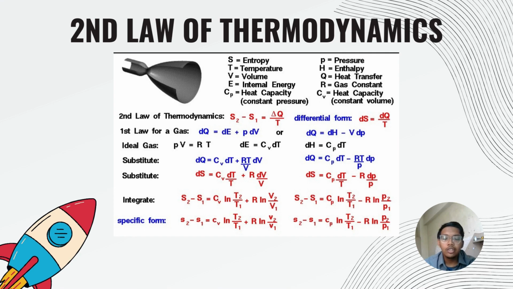Entropy is a thermodynamic property that represents the degree of disorder or randomness in a system. In the context of rocket propulsion, it provides insights into the changes in energy distribution and heat transfer within the engine. Since thermodynamics deals only with the macro scale, the change in entropy, delta S, is defined to be the heat transfer, delta Q, into the system divided by temperature T.